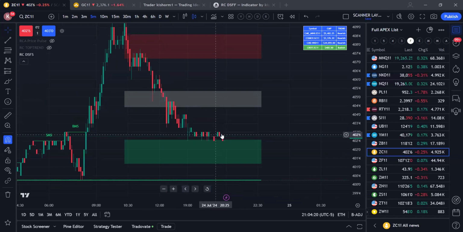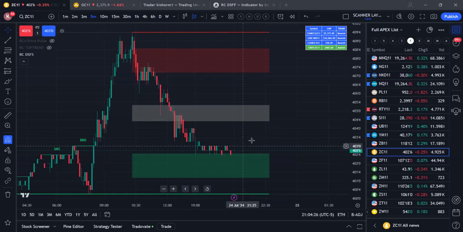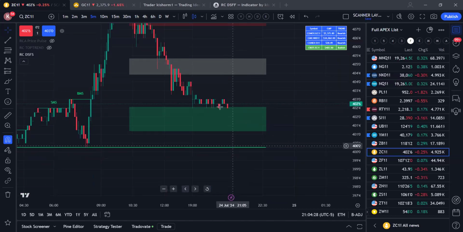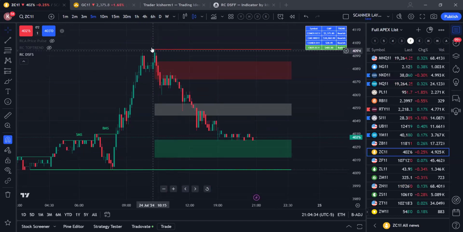So you can just wait whenever you see a green candle. Generally price touches the resistance, comes back, touches the support, and then starts going up. So this is like a channel, like a trend line support, trend line resistance, or a channel bottom, channel top.